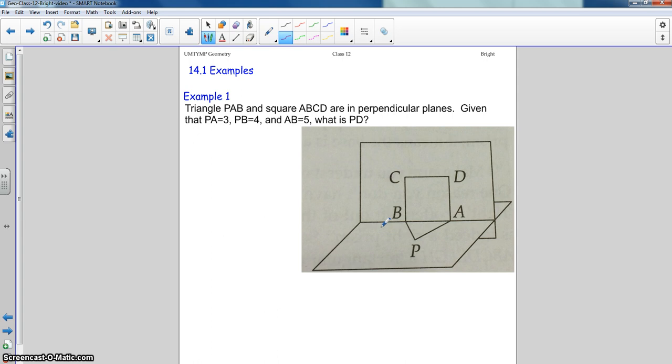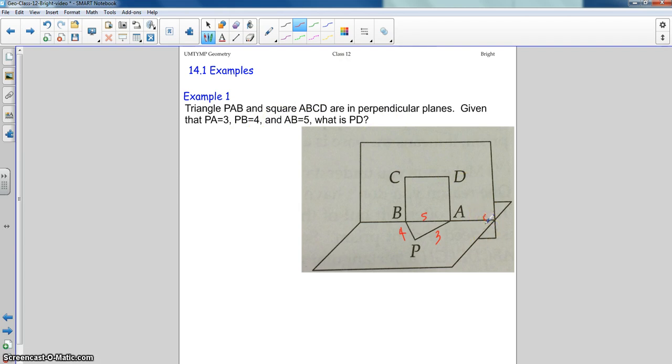So in this example, we have triangle PAB and square ABCD. We're given that PA is equal to 3, PB is equal to 4, and AB is equal to 5. This is a square, so all the sides are the same. We also know that these are perpendicular planes.